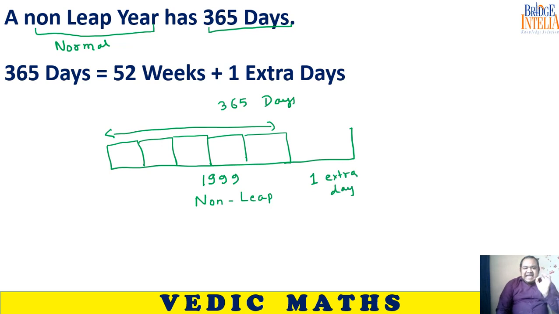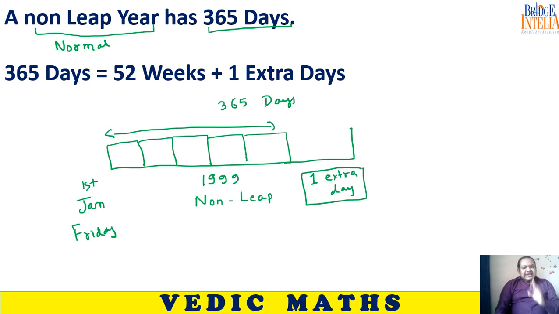Now, what is the actual meaning of this? Suppose 1st January of the year 1999 was Friday. What can you determine if you understand that this year had one extra day?